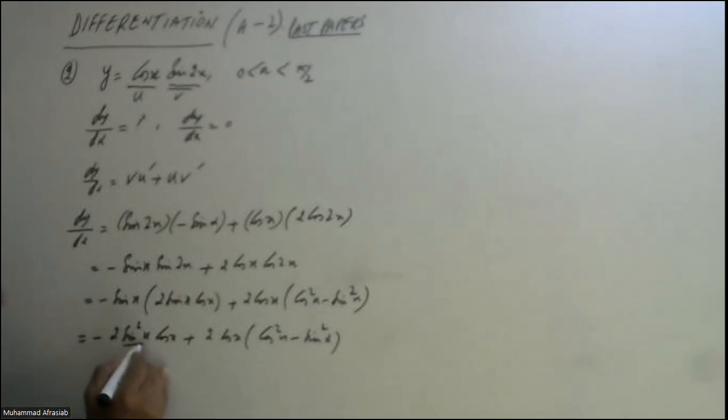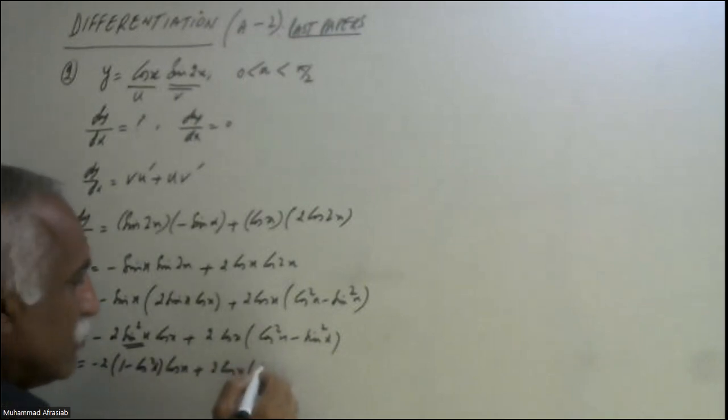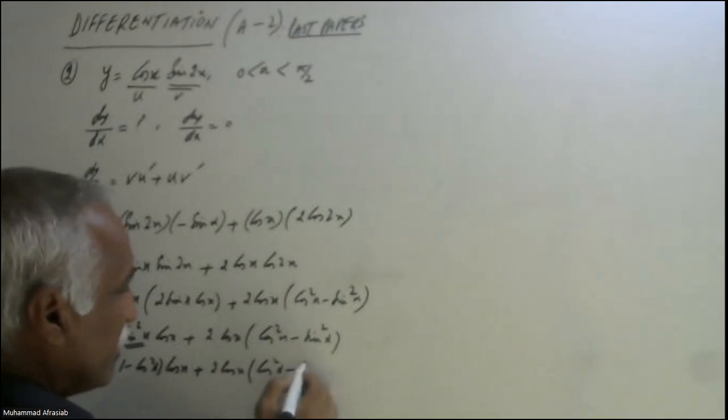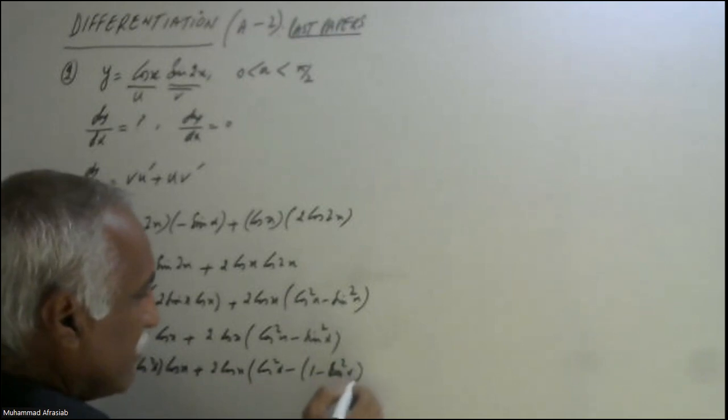The sine square x will be changed in the form of cos, so that is minus 2 into 1 minus cos square of x into cos of x, plus 2 cos of x into cos square x minus 1 minus cos square of x.